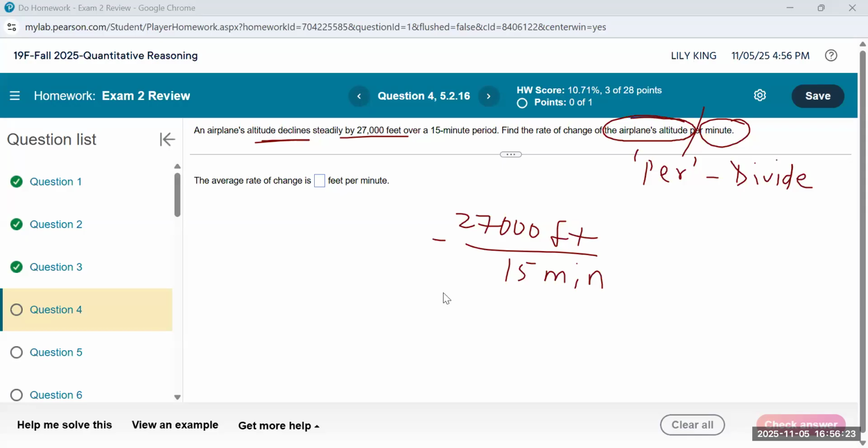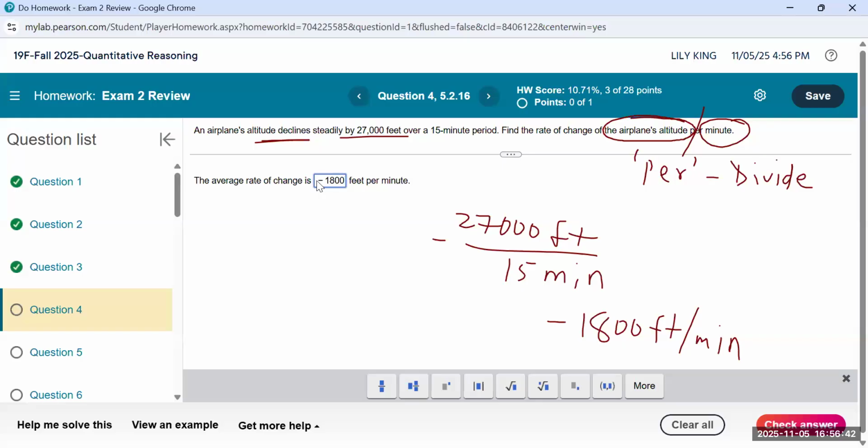So if you divide 27,000 by 15, we have negative 1,800 feet per minute. So the average rate of change, which is the same as the slope, is negative 1,800. The unit has already been provided, which is feet per minute, so you don't have to include that in the box again.